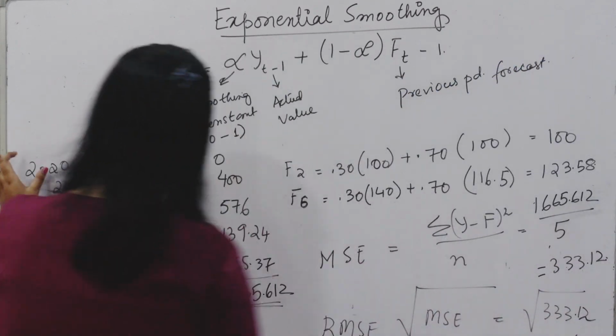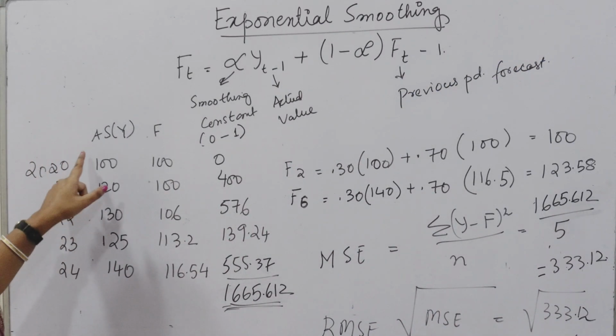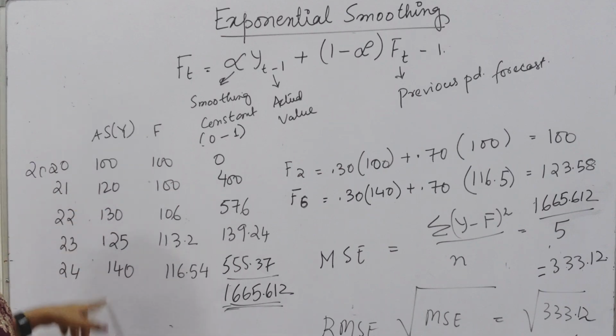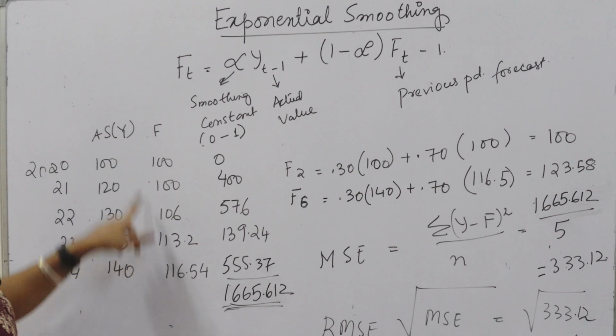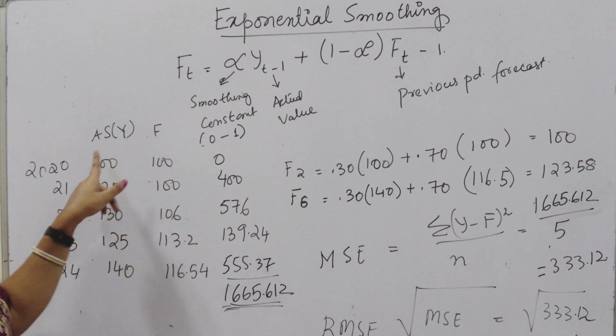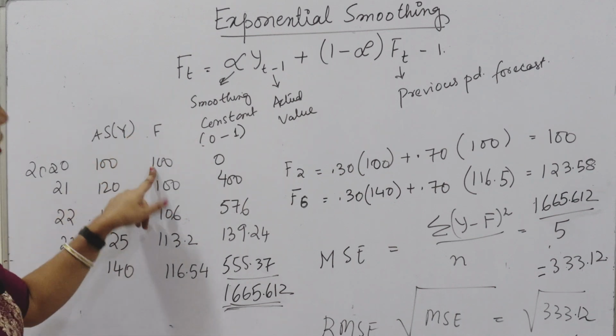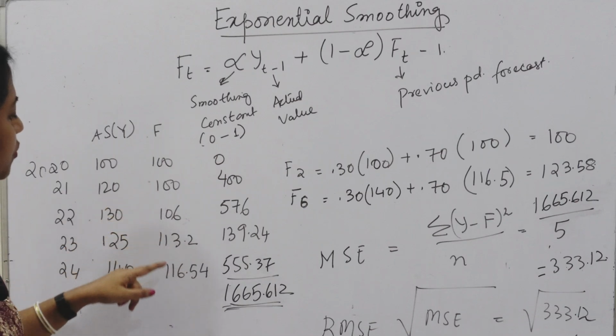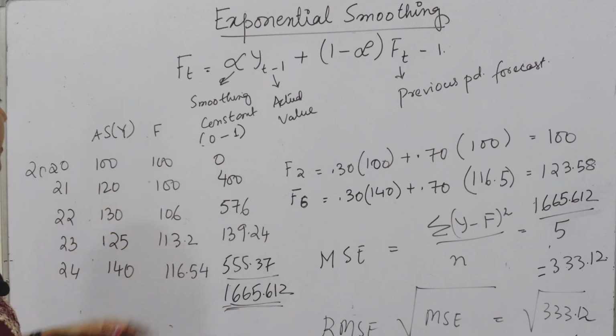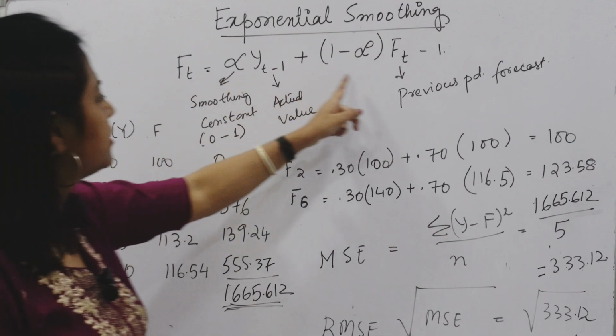For this, we have 5 years of data and you have the actual sales value here. Okay, so actual sales value is given, we have to find out the forecasted value, and this forecasted value for the first period will be as it is, 100. Then we will go on forecasting the second period, third period, fourth period, fifth period, sixth period, like this. How to do this? We will write the values in the equation.